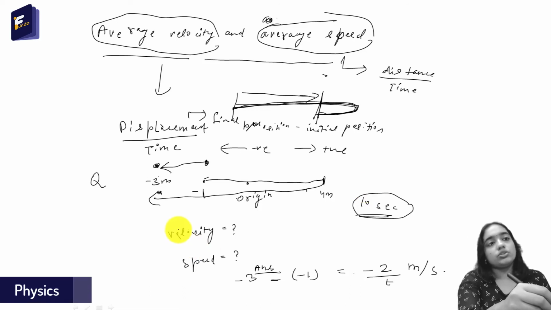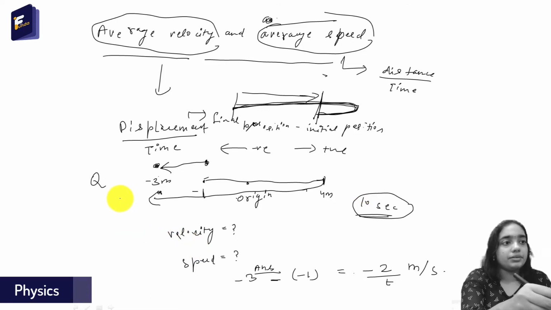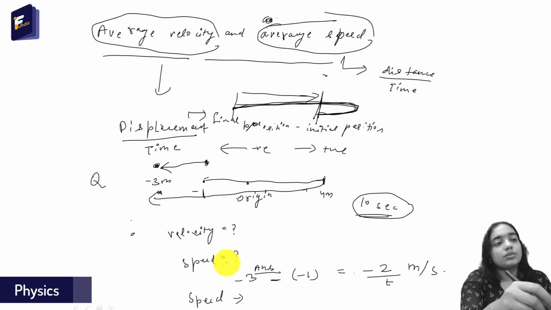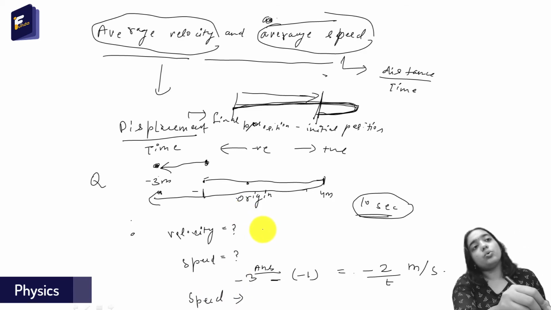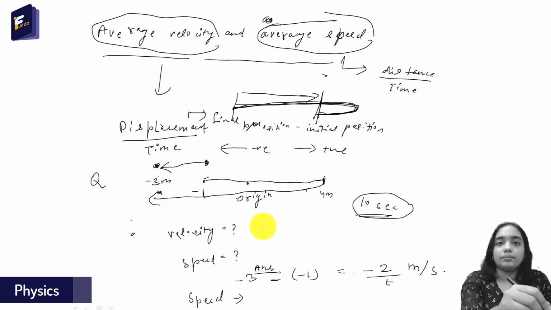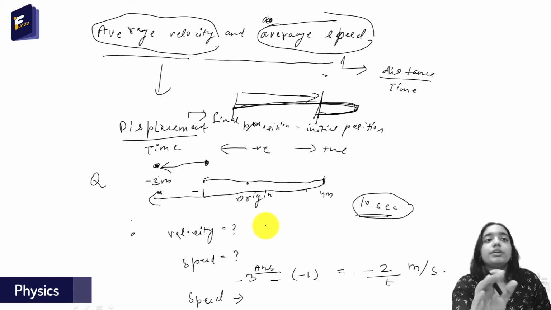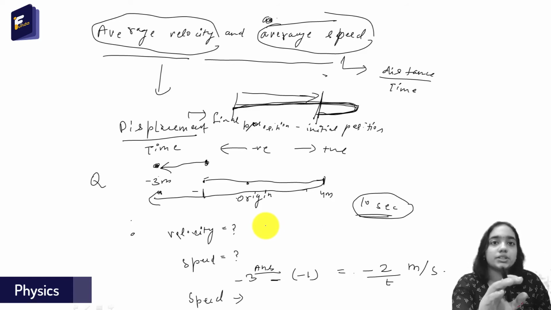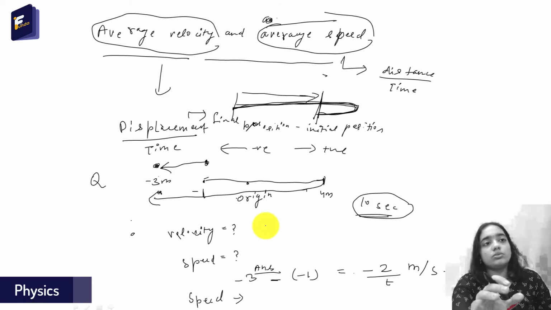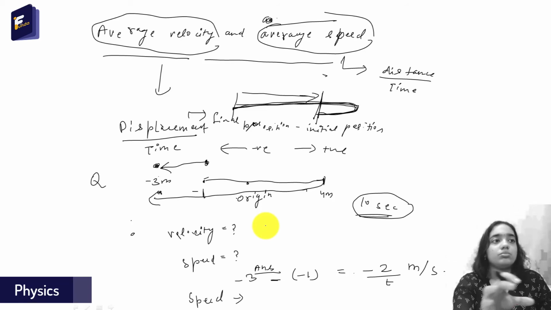So let us talk about the speed. Speed is the total distance by time. There is nothing to think about the direction in speed. Speed is a scalar quantity, so it is just the total distance it covered by time.